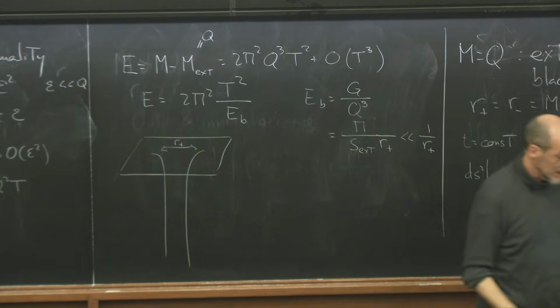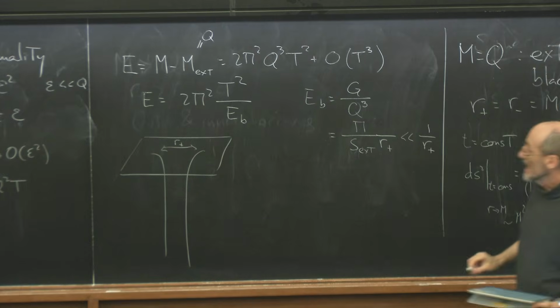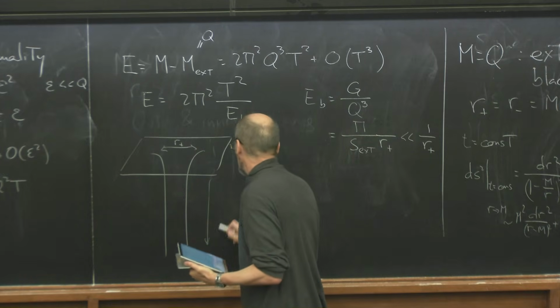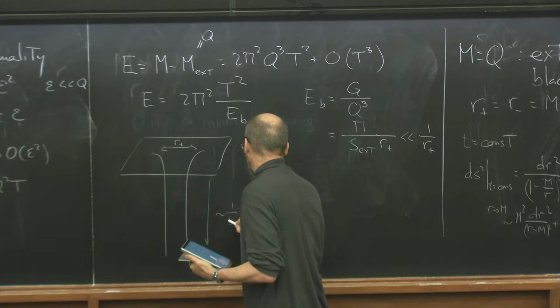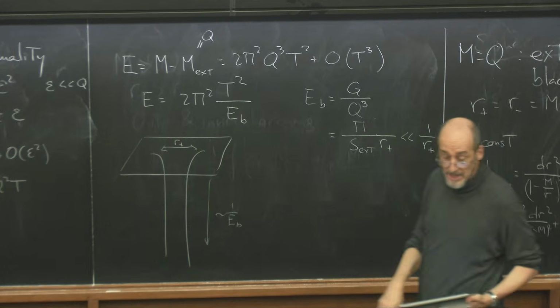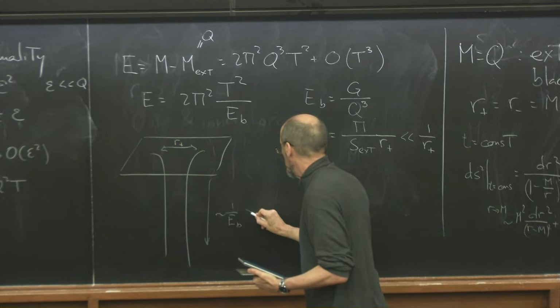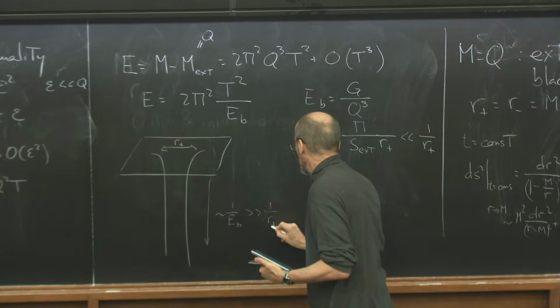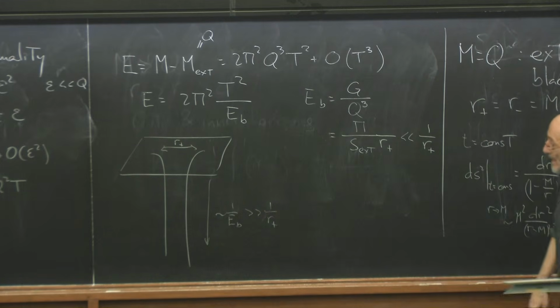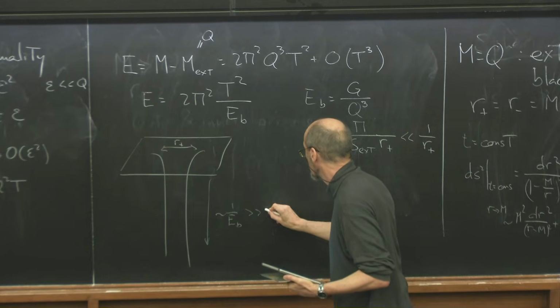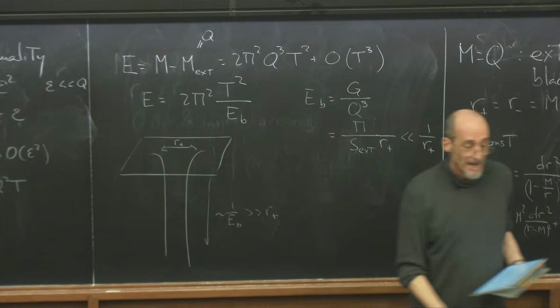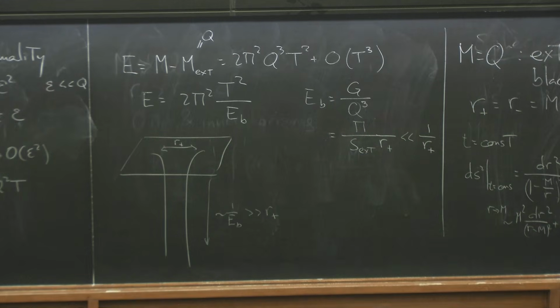One of them is the radius, and there's another scale that's going to be the inverse of this energy, and that's much larger than R plus. Okay? So these black holes come with two separate scales.